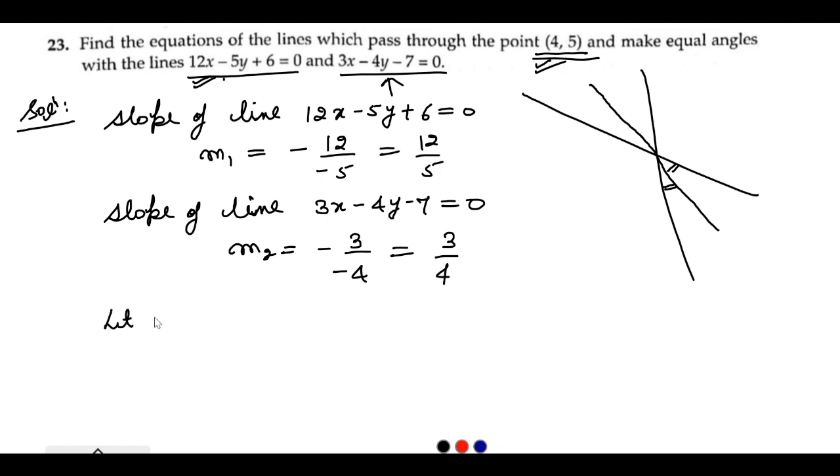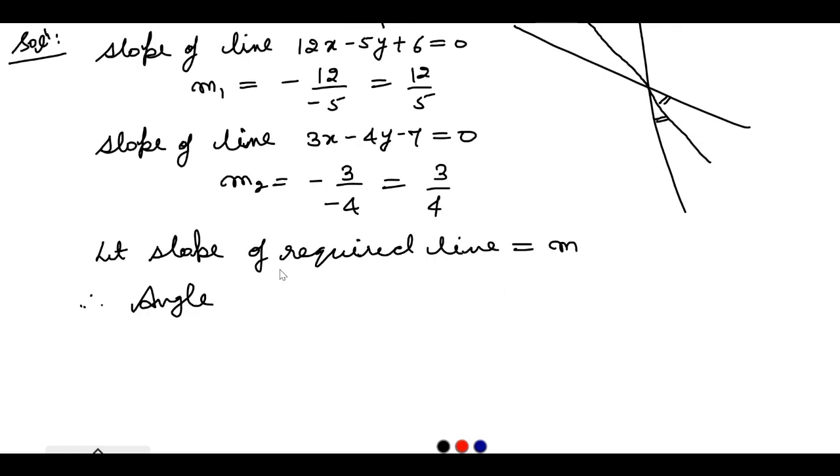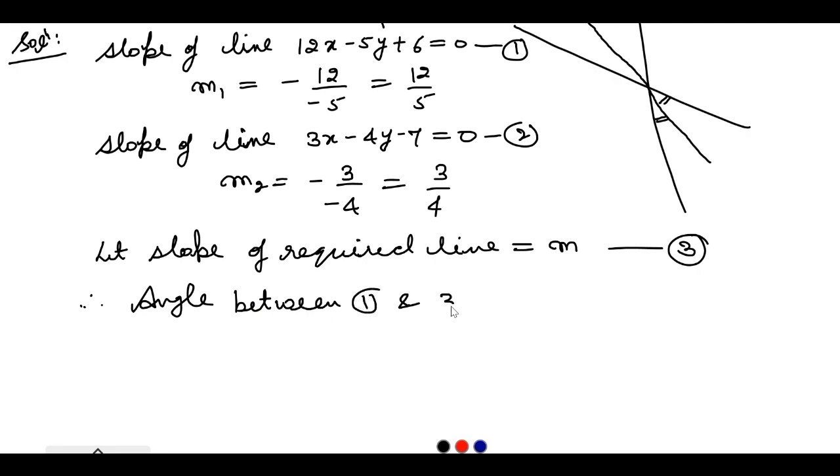Now let the slope of the required line be M. This is line 1, this is line 2 and the required line is 3. The angle between 1 and 3 is equal to the angle between 2 and 3.